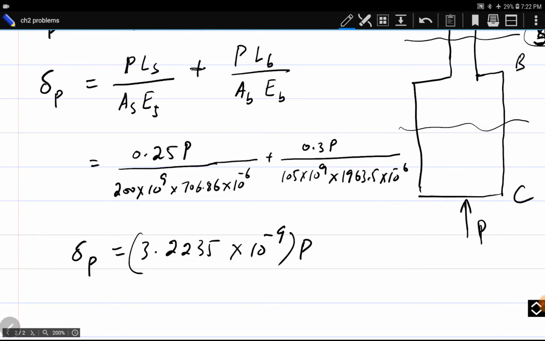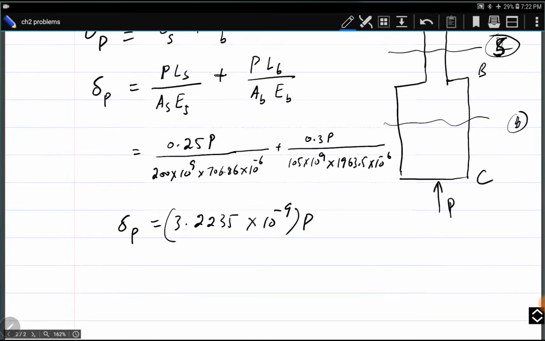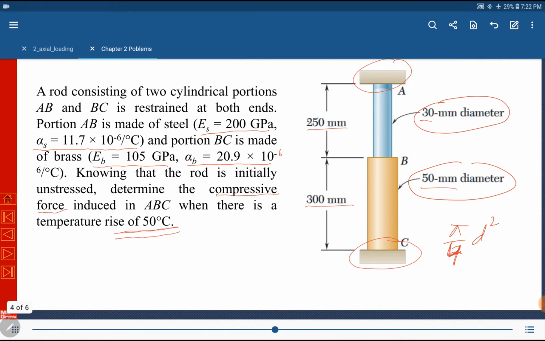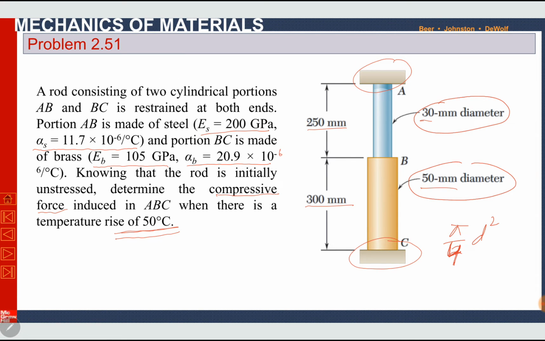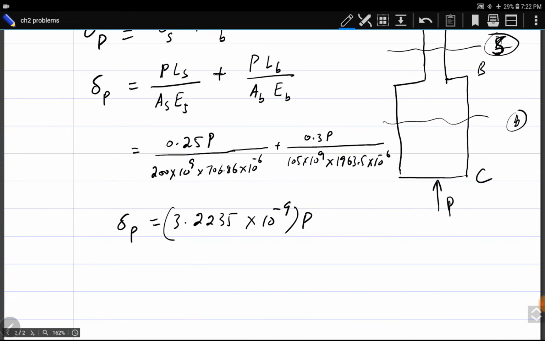Their sum must be equal to 0 because there is no net change in length. This rod ABC is a close fit between end A and C. So there is no net change in length. So net deformation is equal to 0.